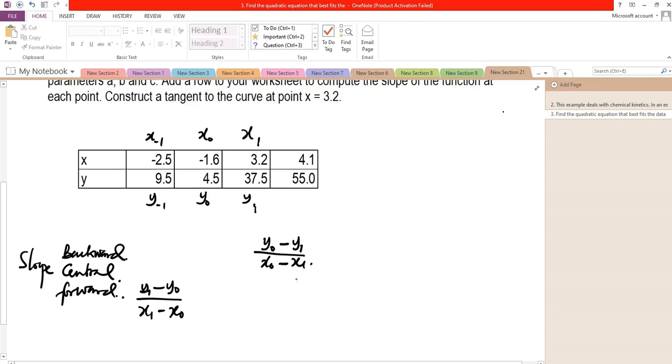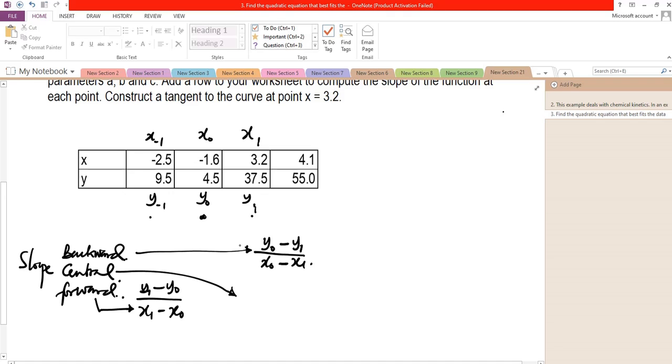Now your central will now be, let me say the formula for central. This is for backward, this is for central, for forward. So our central, which is the best so far, will be from here to here. Now you are at this point here.